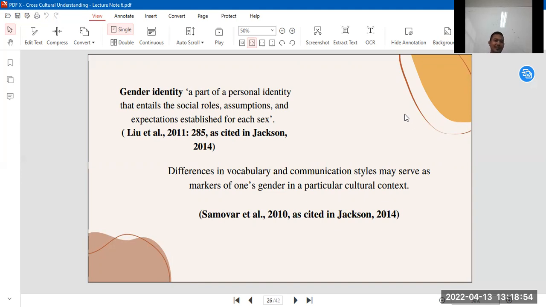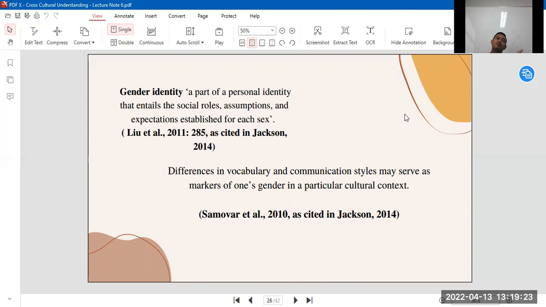Language has also been tied to gender. How? If you're talking about a certain vocabulary, the differences in vocabulary and communication styles may serve as markers for one's gender in a particular cultural context.